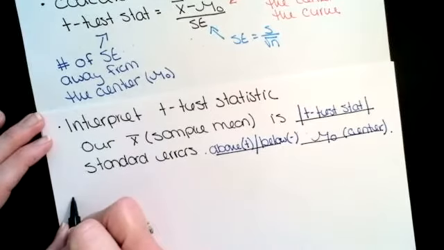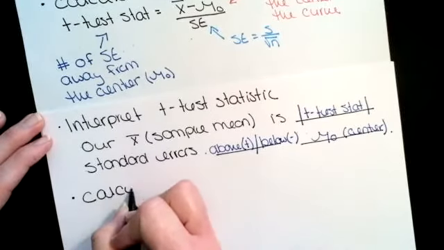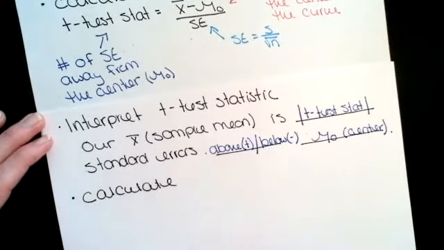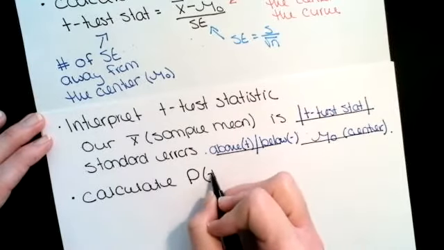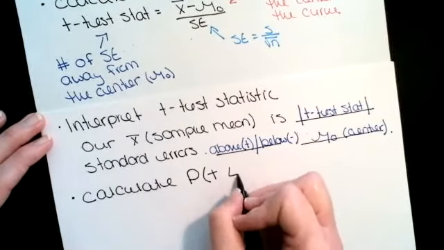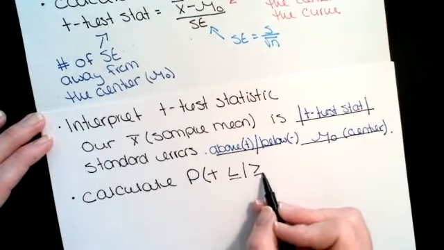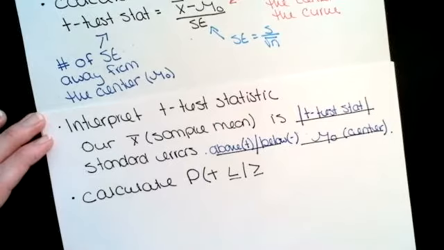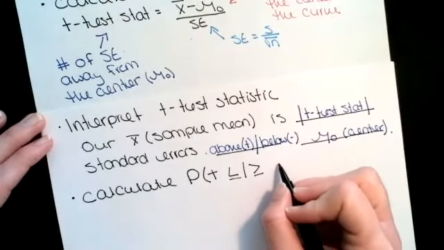Okay. So now the third part, we need to do another calculation. And here we're going to calculate the probability of a t value being less than or greater than. And you know, you can always have the equals under there. It doesn't matter in stats. It's kind of all the same. No, it's not in calculus, but in stats it is. Our t value.